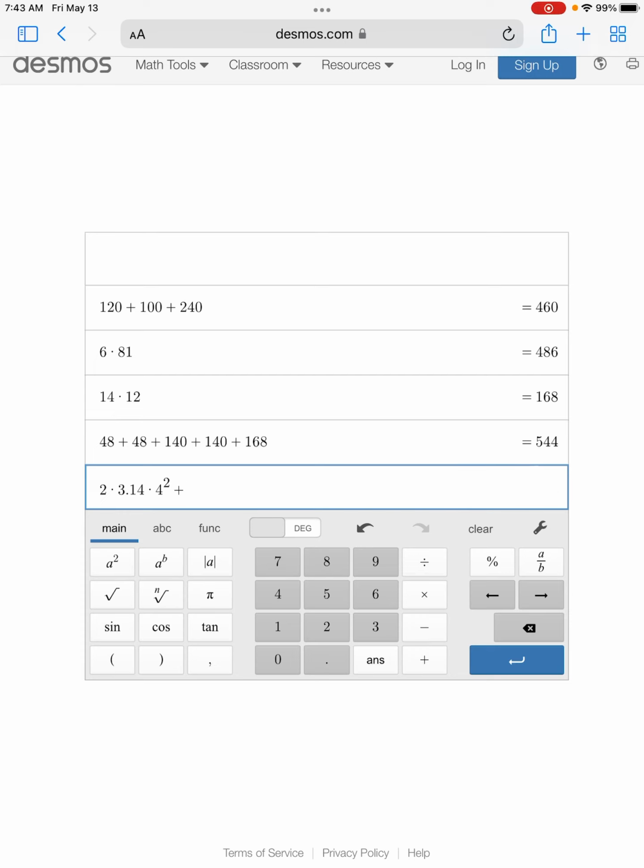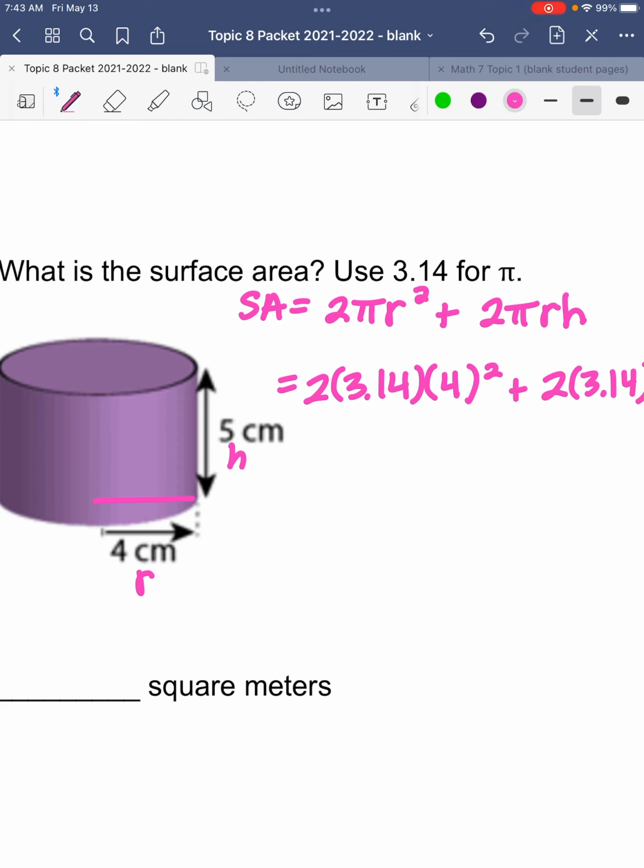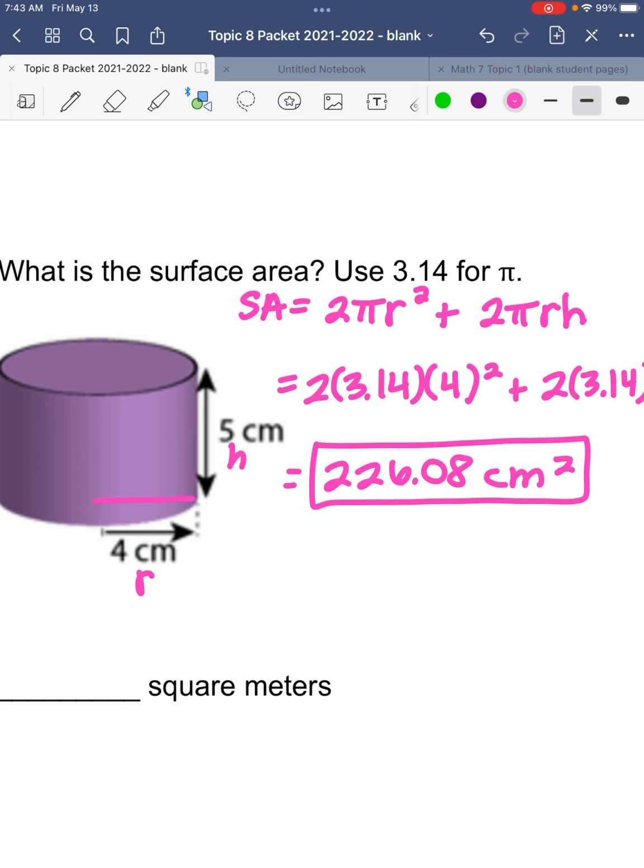Now plus 2 times 3.14 times my radius 4 times my height 5. And I get 226.08. So my surface area is 226.08 square centimeters. So on this line right here, I would just write 226.08.